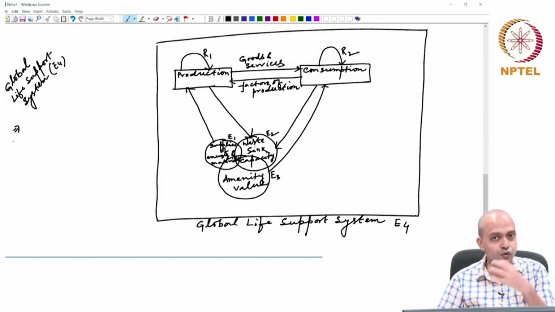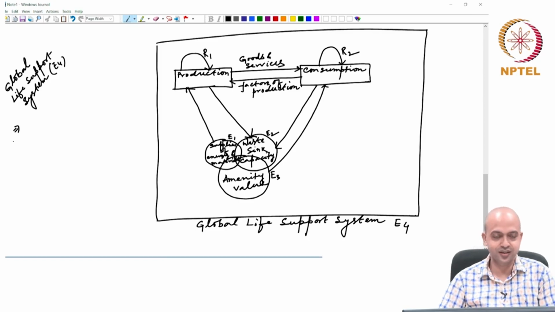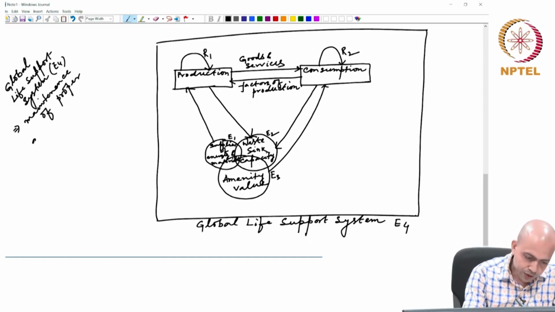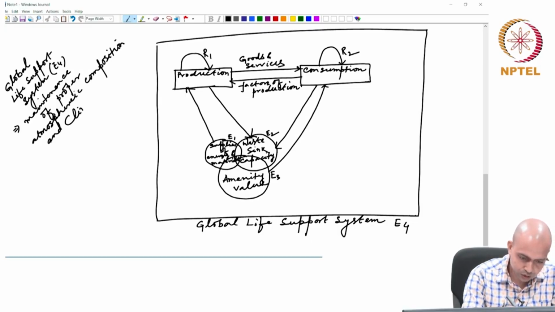So, that means E4 basically indicates the maintenance of proper atmospheric composition and climatic condition.